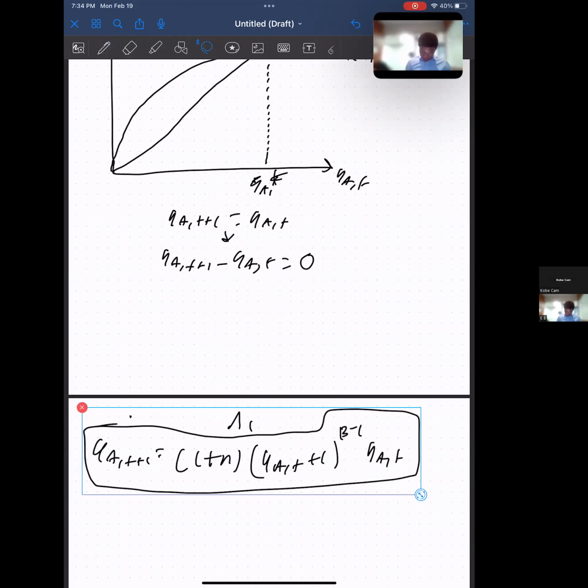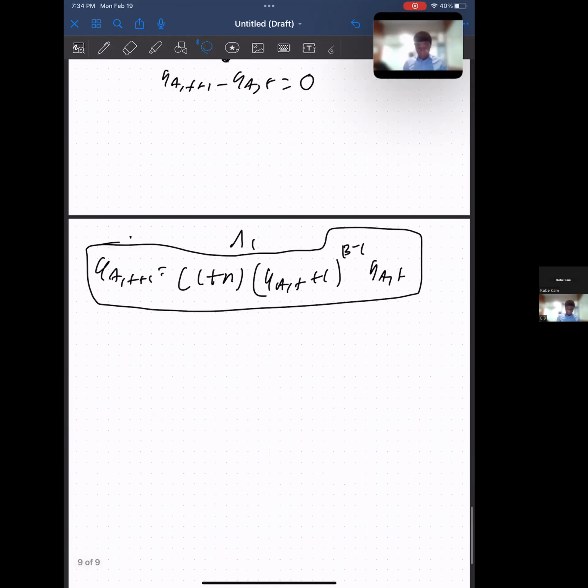GAT plus 1, we have 1 plus N, GAT plus 1, beta minus 1, GAT. And know that these are technically stars, because we're at this final point, but I want to keep it consistent so you can understand what we're doing more easily. Okay, that's equal to 0.